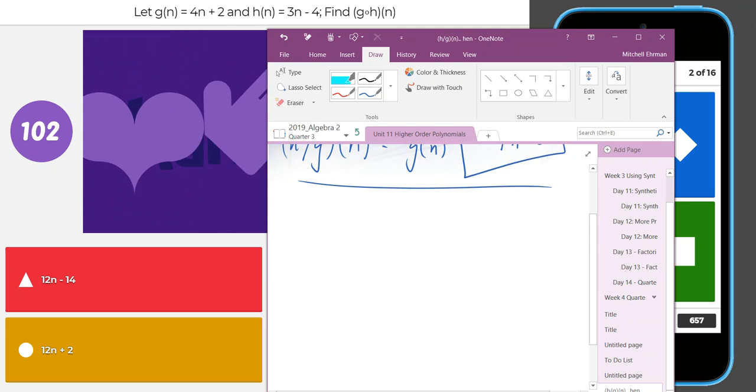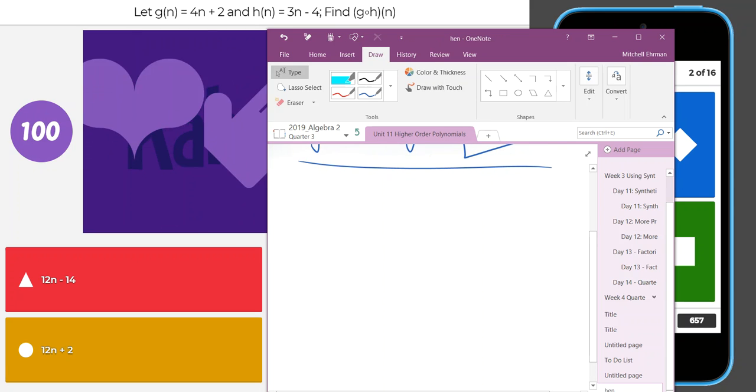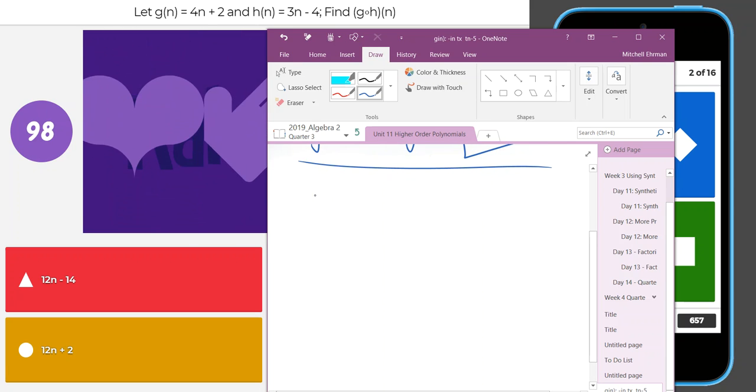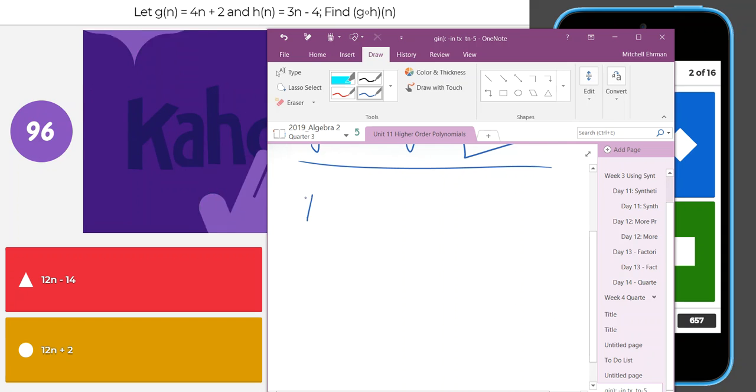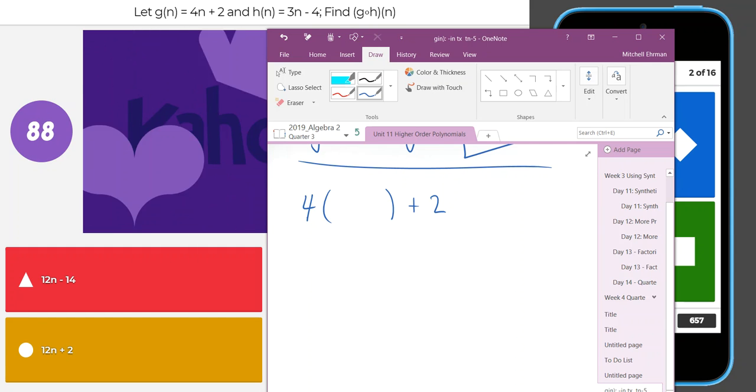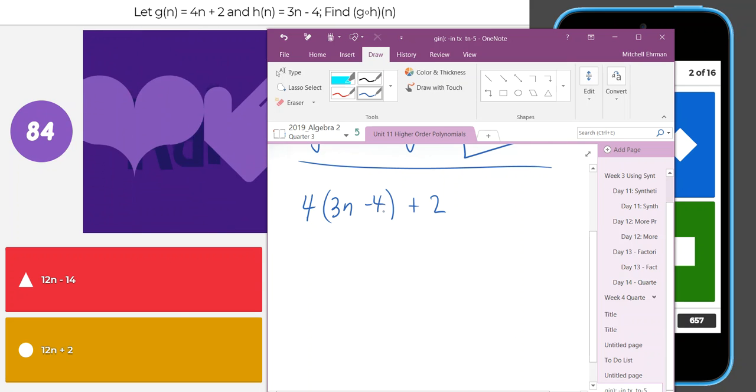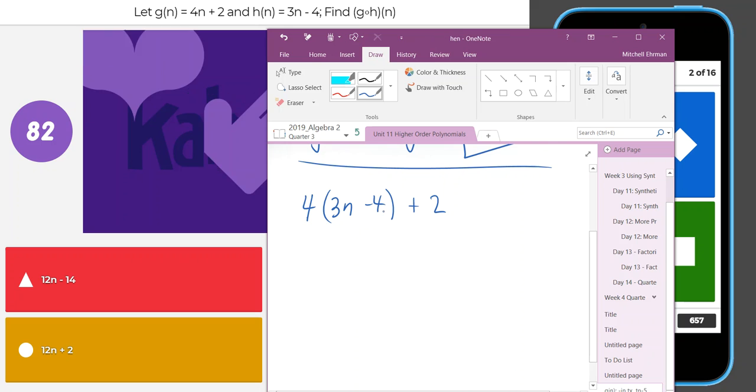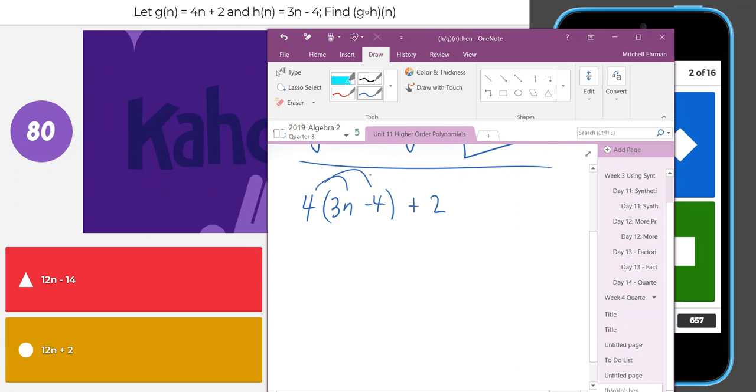So our outer function is G. So I'm going to go ahead and write that. 4 times something plus 2. And our inner function is h. So I'm going to write 3n minus 4 on the inside. And there's the composition. Let's go ahead and simplify.